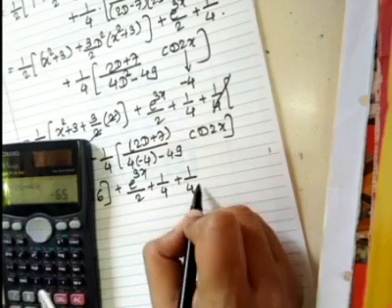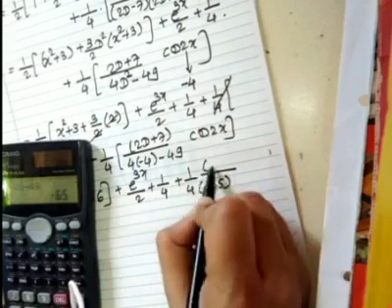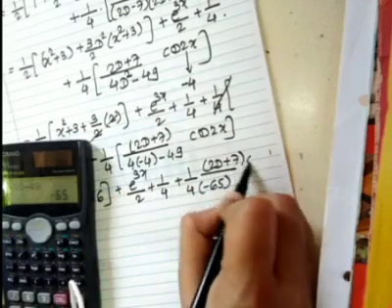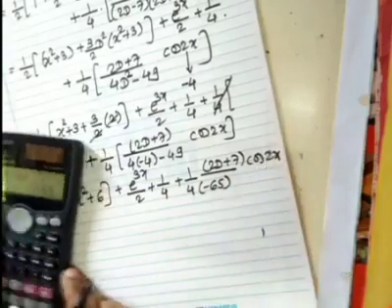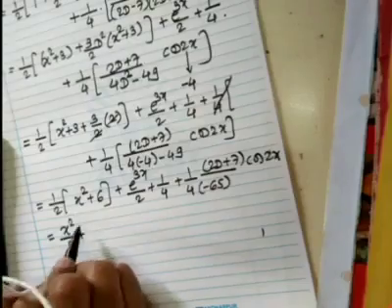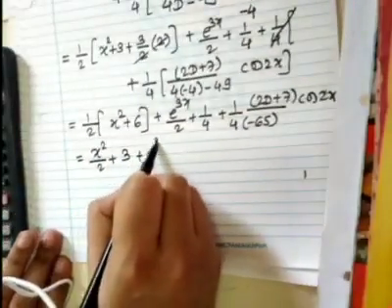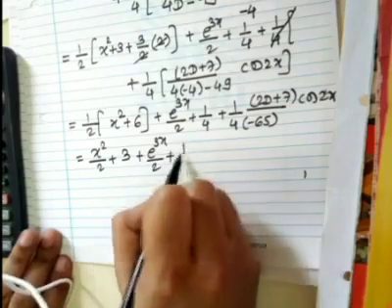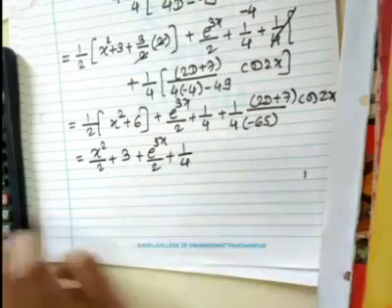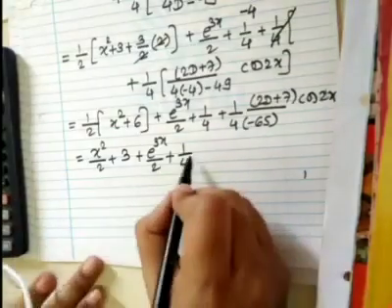It is minus 65, and 2D plus 7 into cos 2x. Okay, that is x square by 2 plus 6 by 2, that is 3, plus e raised to 3x by 2 plus 1 by 4. What is this? Minus 65 into 4, that is minus 260.